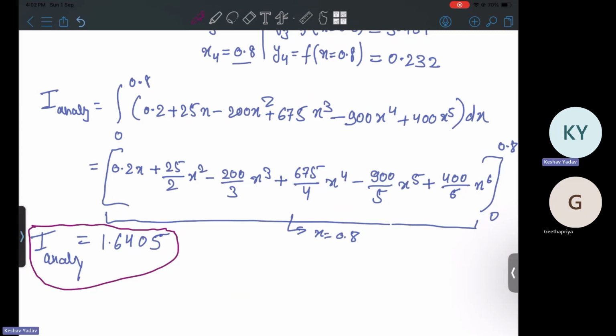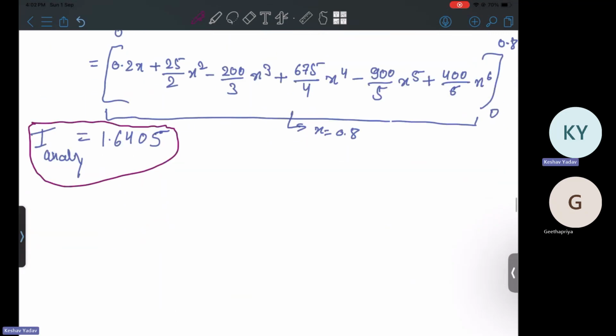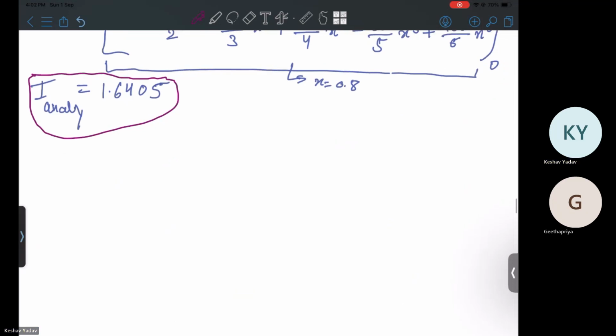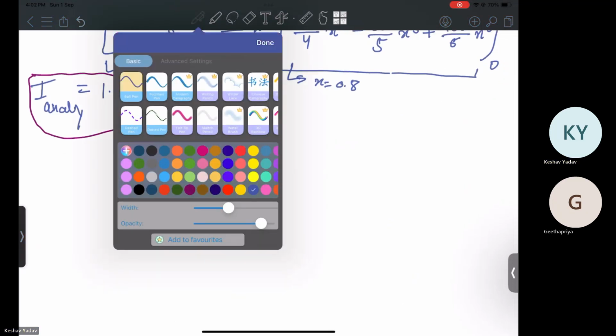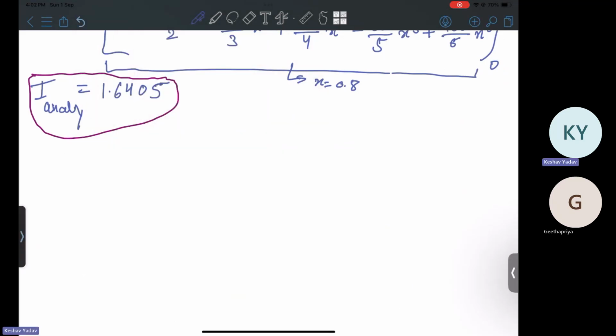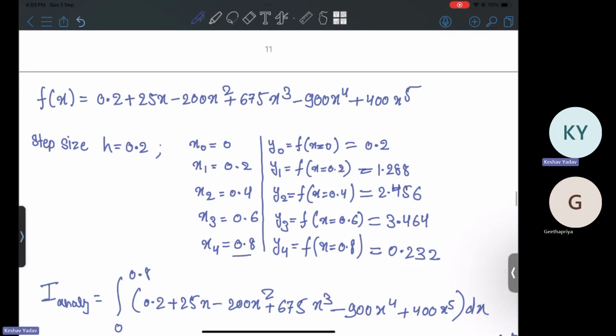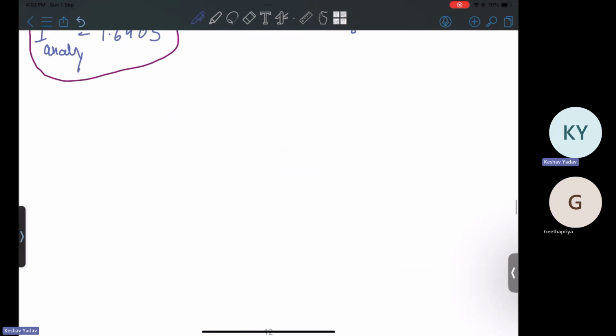Okay, now please concentrate here for a few minutes. Here, how many points do we have? 5 points, no? I numerical, I have found for h equal to 0.2 step size using the trapezoidal method.